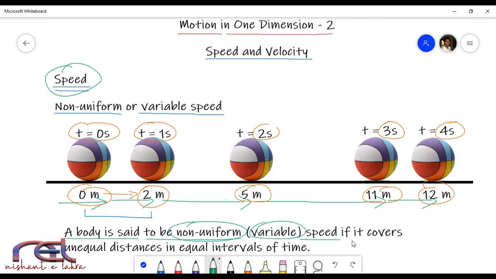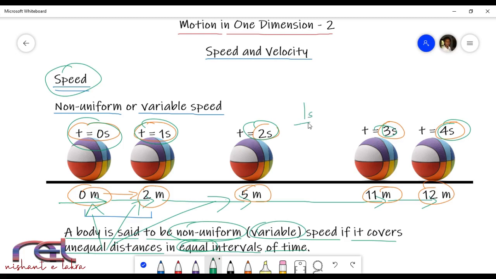So a body is said to have non-uniform or variable speed if it covers unequal distances in equal intervals of time. When you see on the screen, the time interval is the same, 1 second. But if you calculate the distance covered, you will notice that it is not the same.